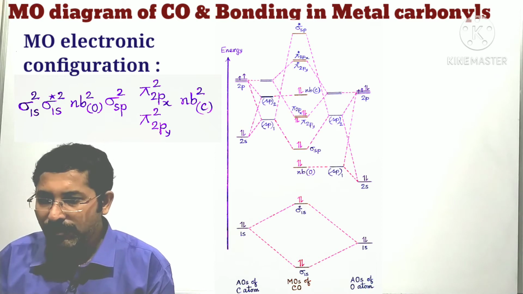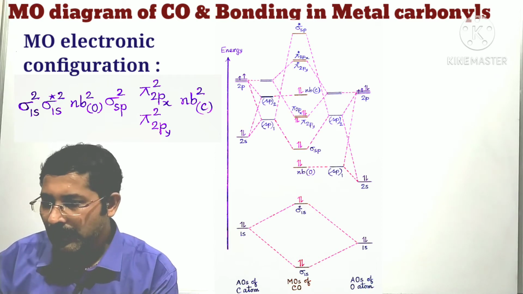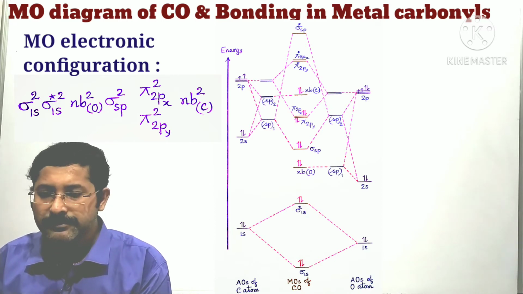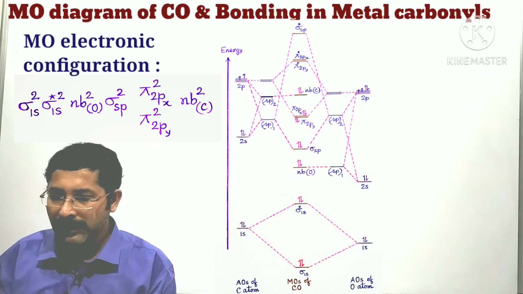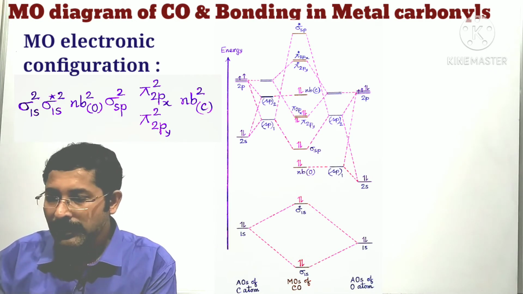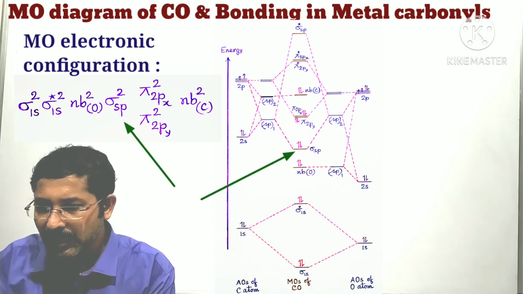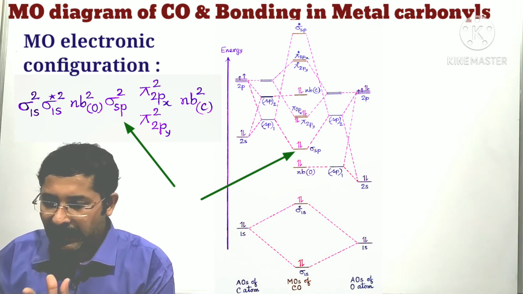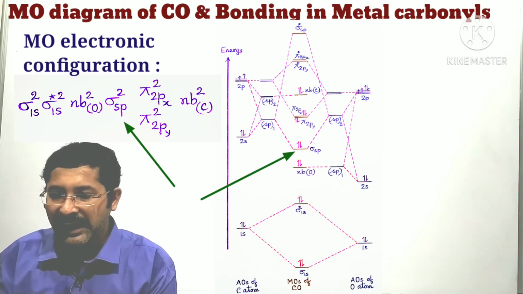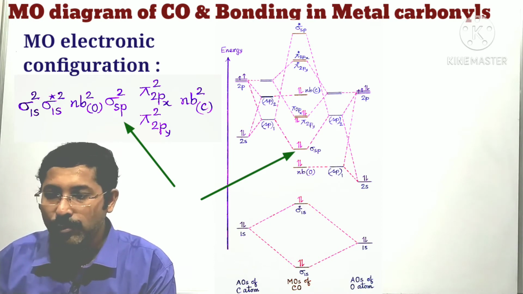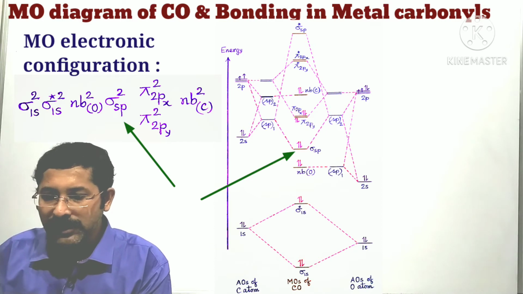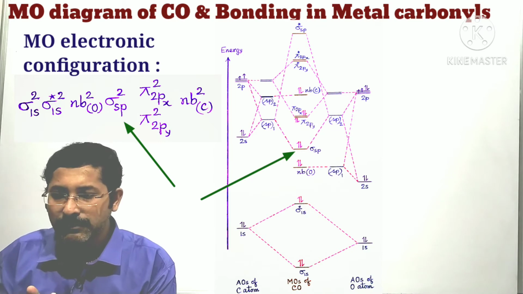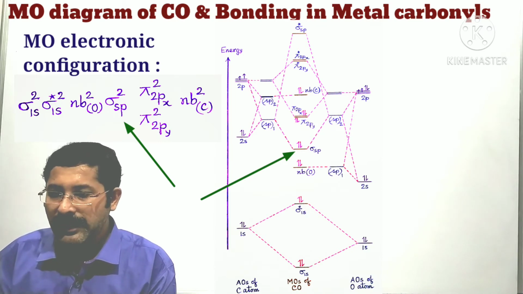So there are a total of 14 electrons here, but one thing we have to keep in mind, this sigma sp2 orbital is considered as an anti-bonding orbital in some books, and to calculate the bond order we have to consider this sigma sp2 orbital as an anti-bonding orbital.